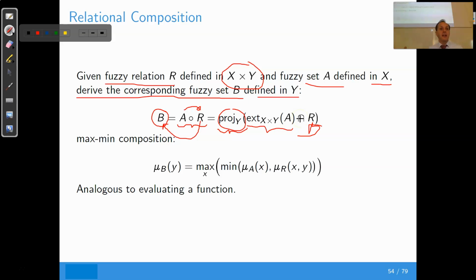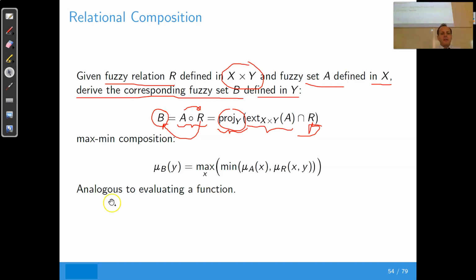From this intersection, which is a multi-dimensional shape, you perform the projection onto the domain Y, and you obtain the fuzzy set B. This is what we call a relational composition. It's quite important because it is used for the design of a fuzzy model. It's again a transformation.